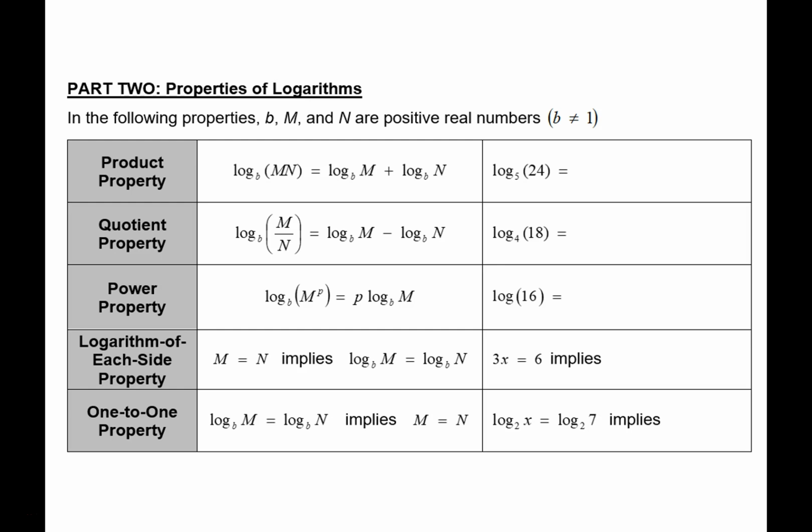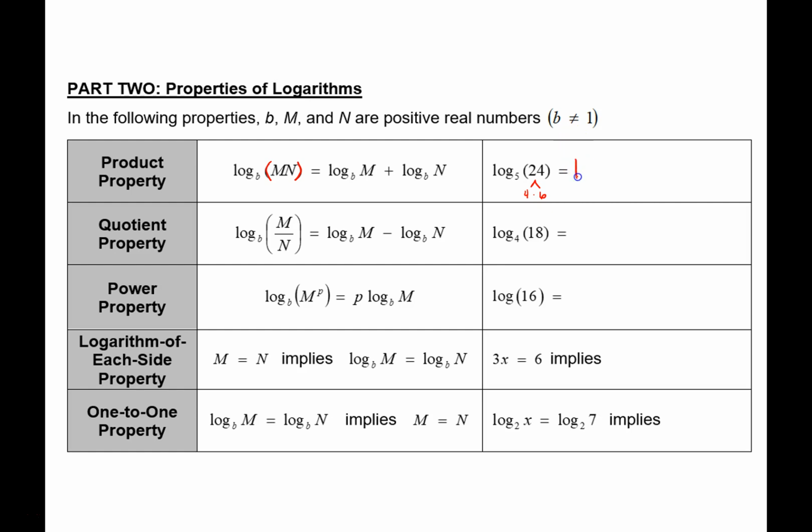So the first is the product property. Inside of some logarithm, if you have a number that can be broken down into 2 factors, like 24, for example, 24 is 4 times 6. Because I can break that composite number down into factors, I can also break the logarithm into 2 logarithms.